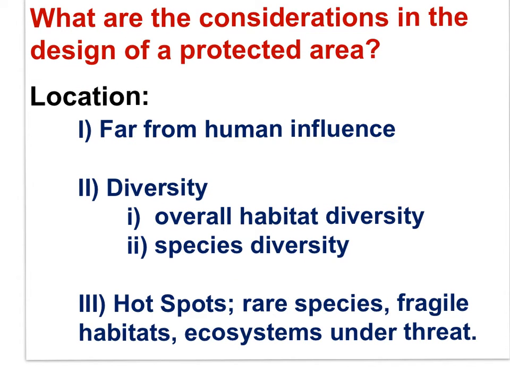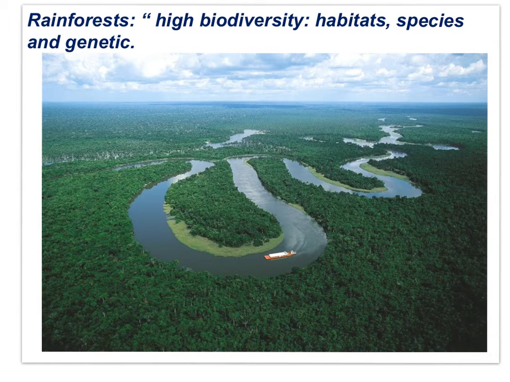Using this outline as a guide to our examination of location in designing protected areas, let's look at habitat diversity and species diversity. Rainforests have habitat diversity in terrestrial and aquatic habitats, not to mention various canopy layers. Tropical locations have a higher diversity than other latitudes, and vast tracts of rainforest further increase diversity because of the large area that they encompass.